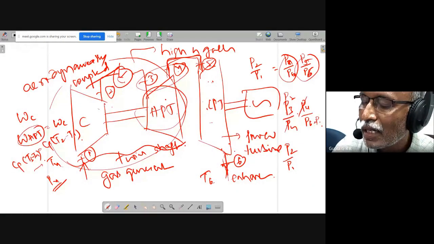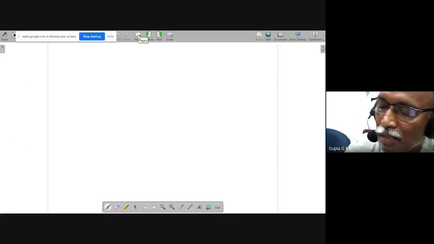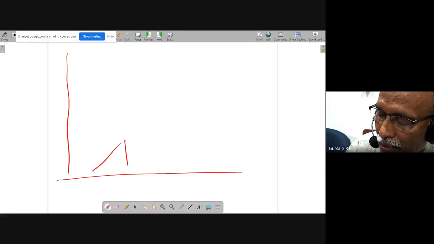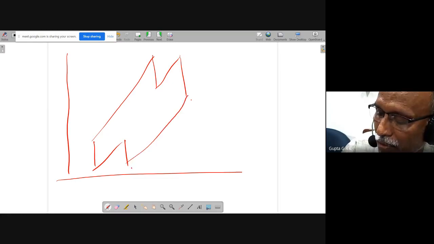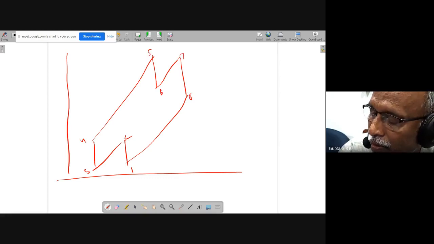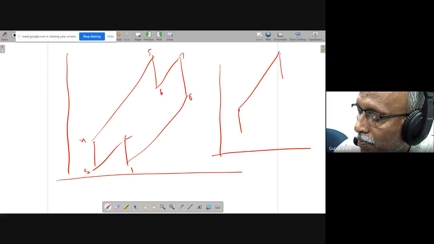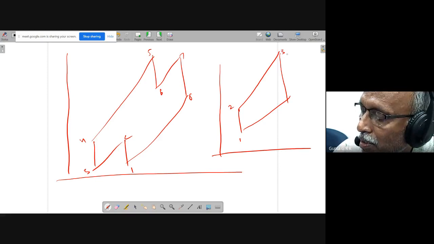And another simple tip I will tell: if you have any problem in the ideal cycle, the expressions can be obtained like this. If I have a simple cycle, so here this is 1, 2, 3, 4.